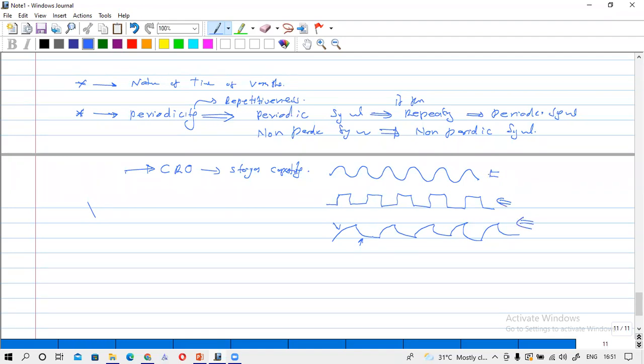So as soon as the signal is terminated, we can't see anything in the CRO, no?